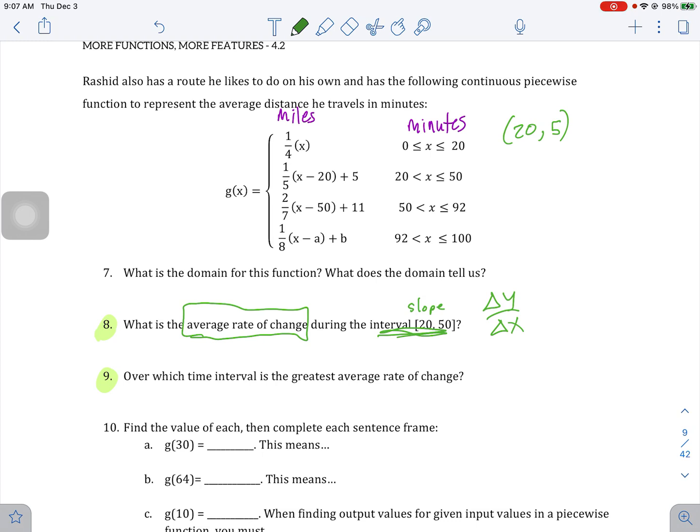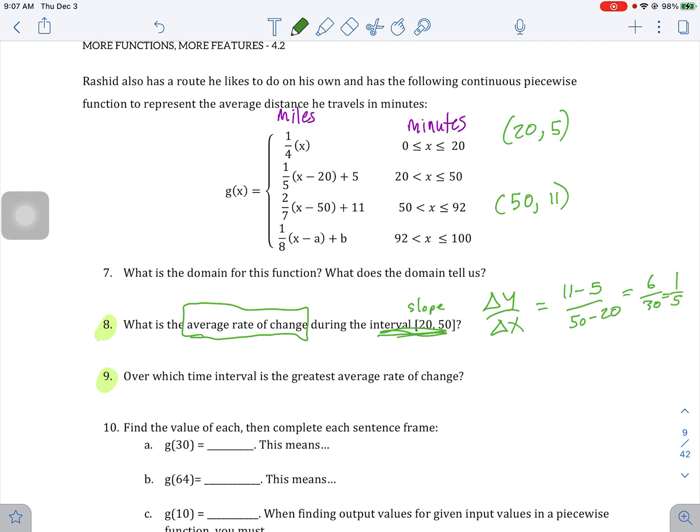And then you can see also from point slope at 50 minutes, there is an 11 value. So the change in y here would be 11 minus 5, okay? And that would be over 50 minus 20. Okay, so the average rate of change here should be 6 over 30, which is 1/5.